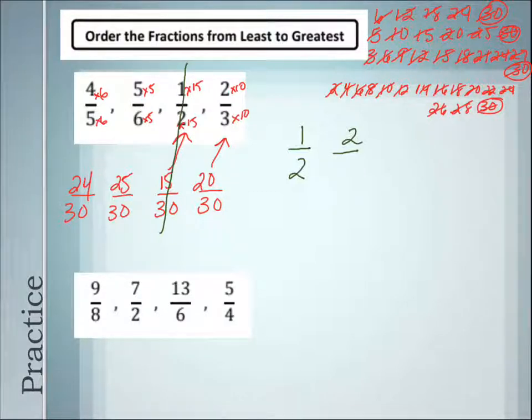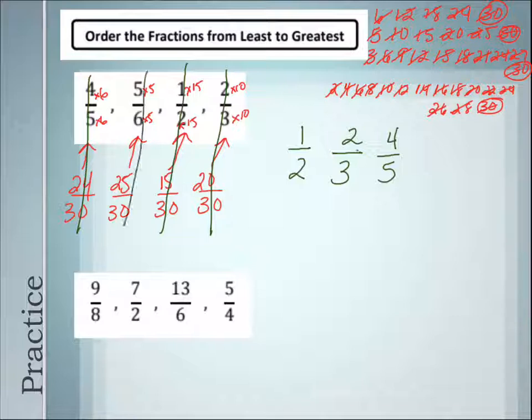So I'm going to write 2/3 as my second fraction and then cross it out one time. Next is going to be 24 over 30, and its original fraction is 4/5. So I need to put 4/5 as my next fraction and cross it out, which then only leaves 25 over 30, which is 5/6.